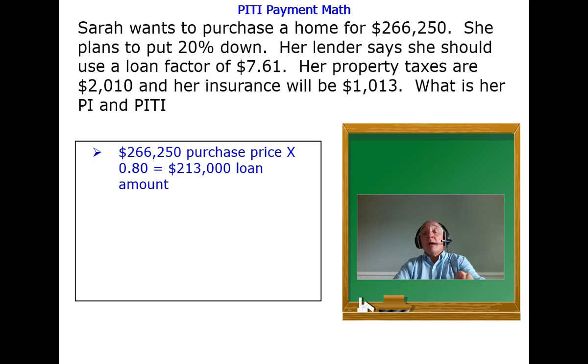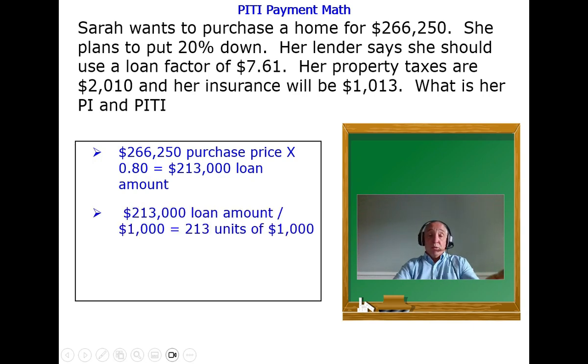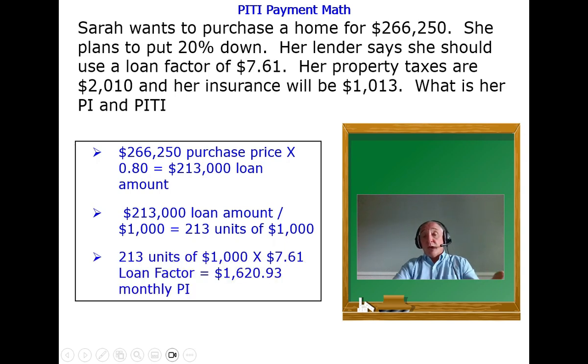We know that she's going to divide that by 1,000 to get the number of units to multiply by her loan factor. Boom, 213 units. Take 213 units, multiply it by the loan factor itself, which is 7.61, and now you got the P&I. So that's how we did that.